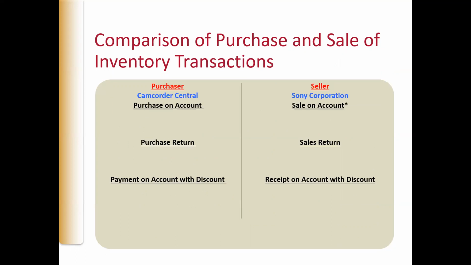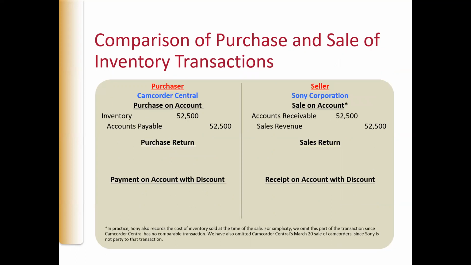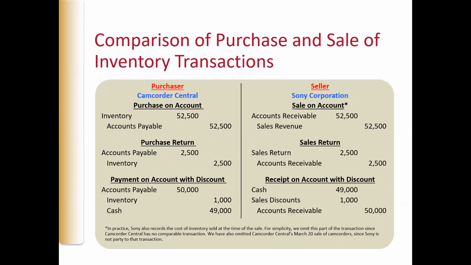Okay, so let's look at how the various transactions are recorded with the buyer and with the seller of these goods. When we purchase goods on account, the buyer is debiting inventory and crediting a payable.